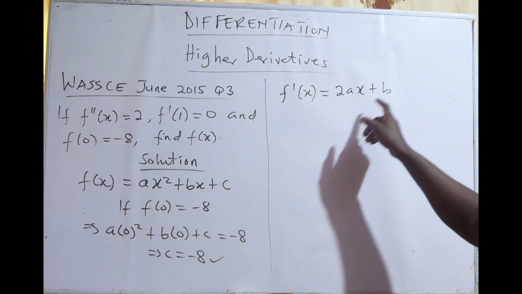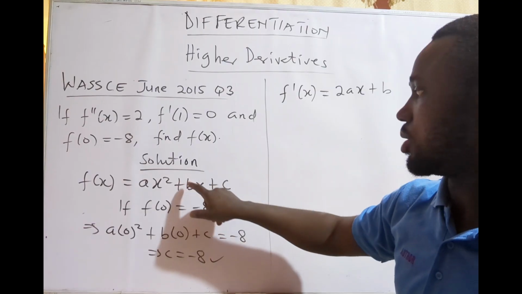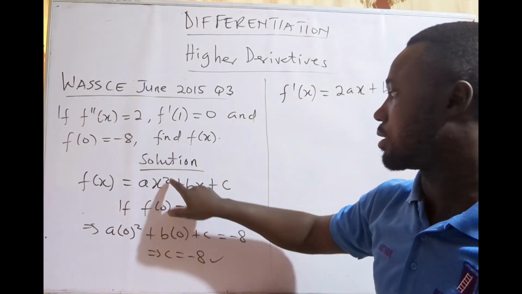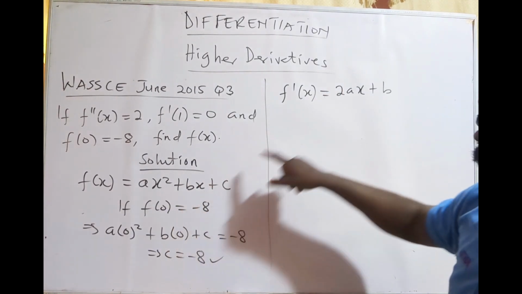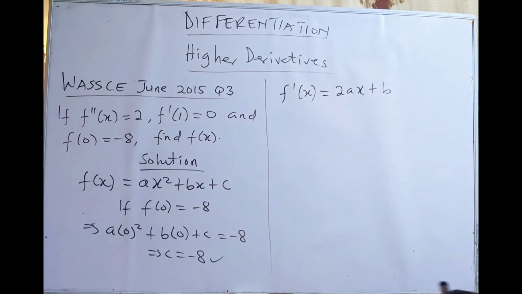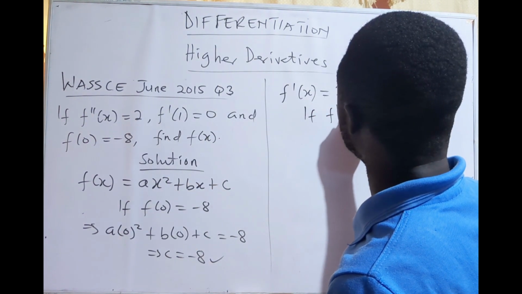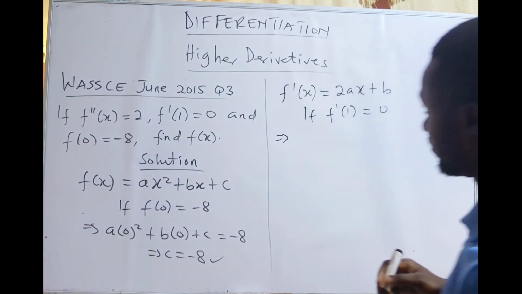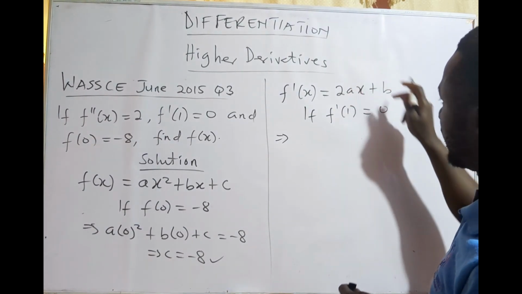So this is the first derivative, 2ax plus b, because a, b, and c are all constants. 2ax to the power 2 minus 1, and then b times x to the power 0 gives b. Then if f prime of 1 is equal to 0, what does it mean? It means that if I put 1 into this function, I'll get 0.